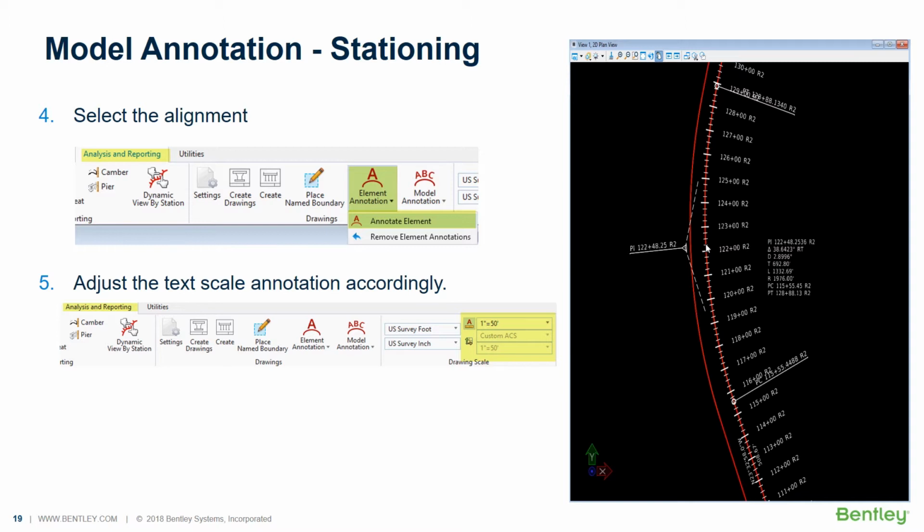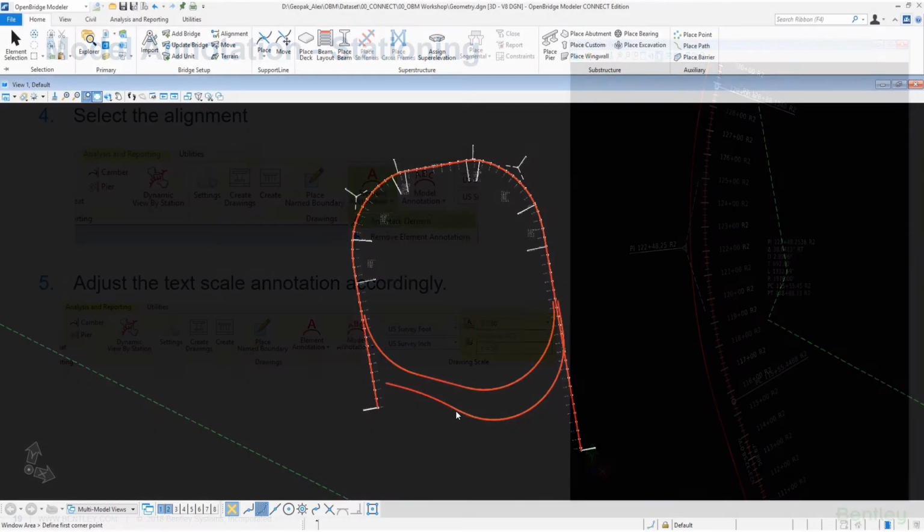And the configuration that you have in your organization at a particular DOT, or the ones that come from default, it will just annotate your alignment, right? Also, what you can play with is the different drawing scales that you can activate as well. So you don't need to replot like we used to do before. To replot and replot for different scales, we just switch it and the text size will change automatically.